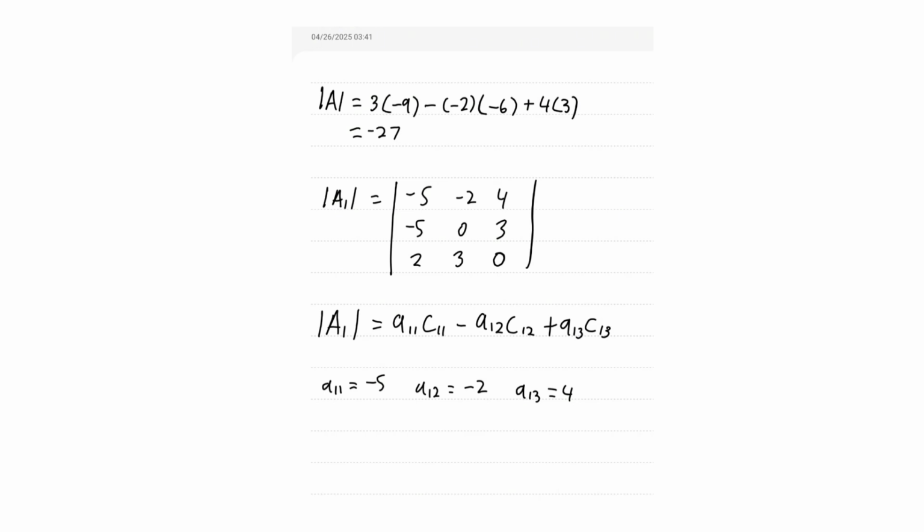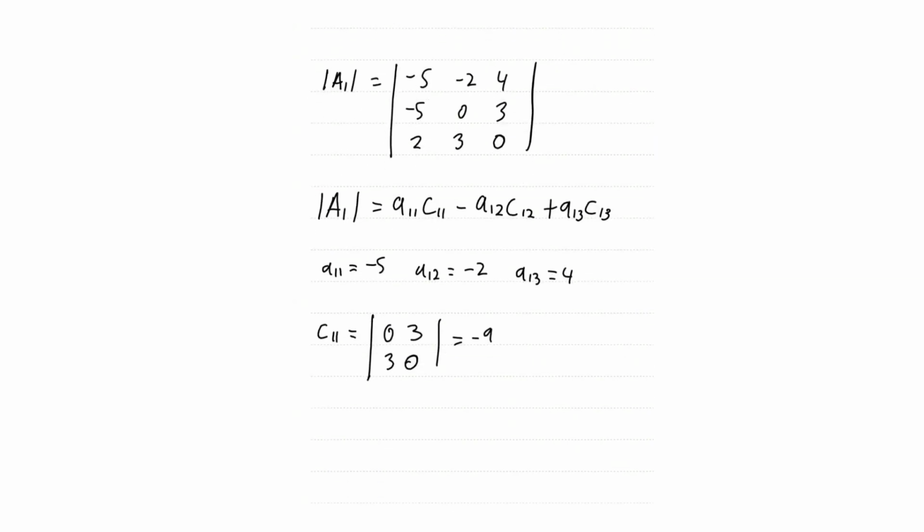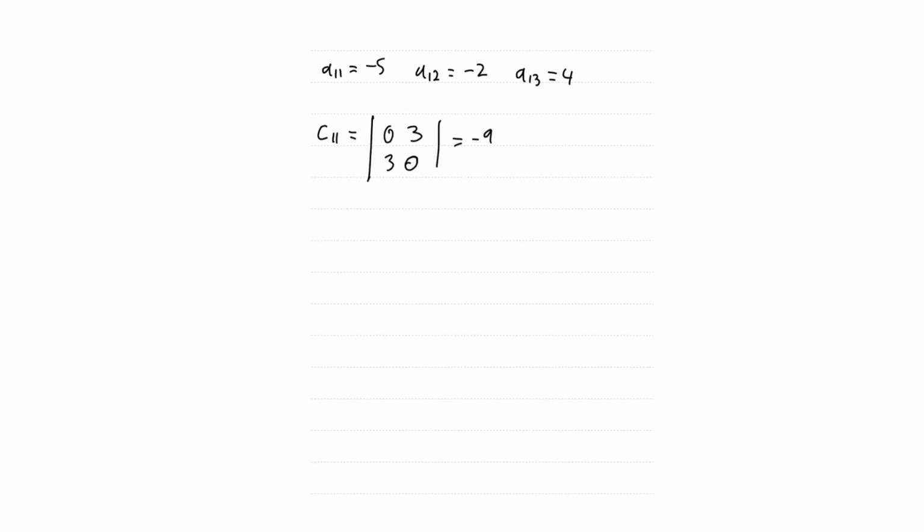For the cofactors, C11 is equal to the determinant of [0, 3], [3, 0], which is -9. Then C12 is equal to the determinant of [-5, 3], [2, 0], and it equals -6.